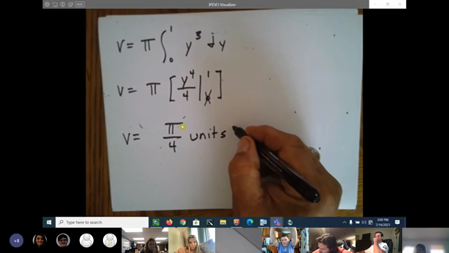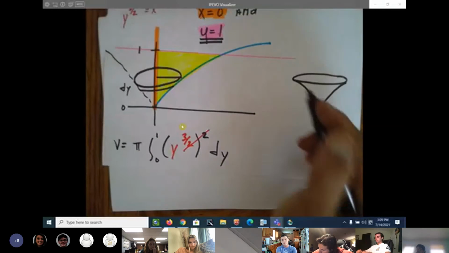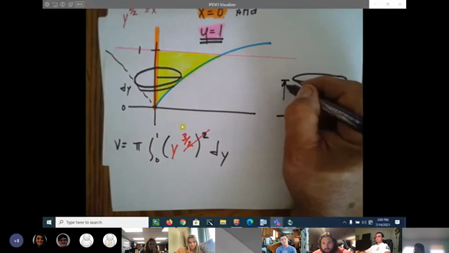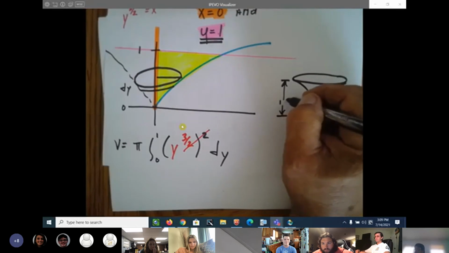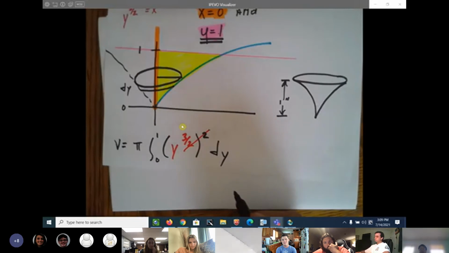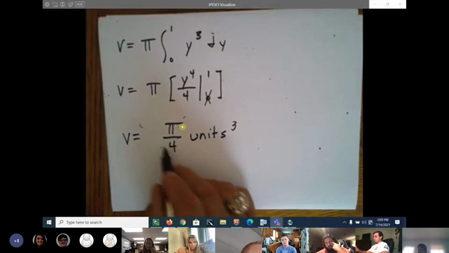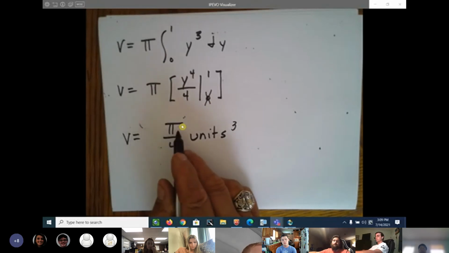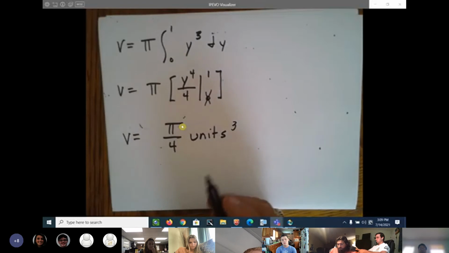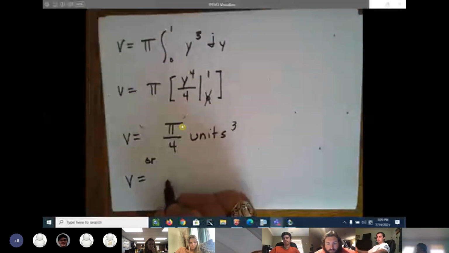So let's say that we've got a top, and those of you that don't know what a top is, it's your parents' fault. It's 1 inch tall. If you filled that top up with water, how much would it hold? What is pi over 4? It's around 0.75, but somebody tell me, round to 2 places, please. 0.79.